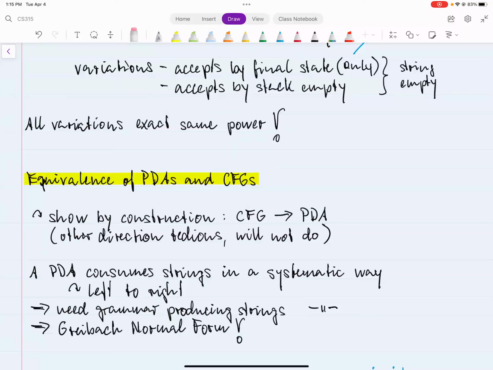But what you gain is the efficiency of constructing strings from left to right systematically. With each rule application, you add exactly one terminal, and this is exactly what we need here. So there seems to be an inherent advantage of Greibach normal form that makes it lend itself very well to constructing a PDA that is doing the same thing.